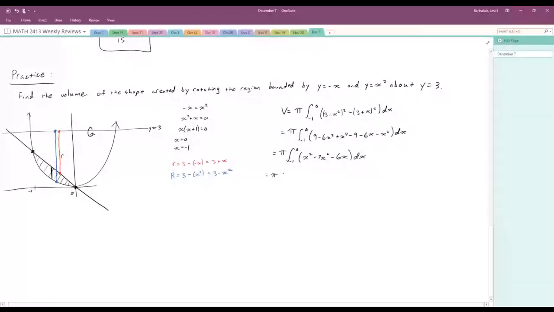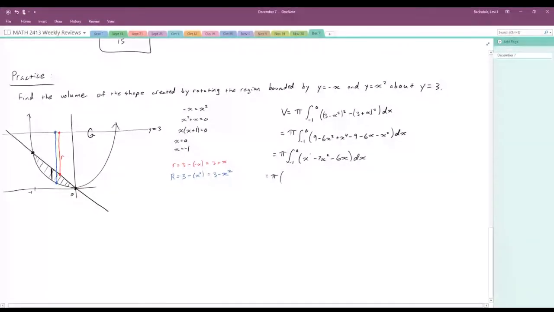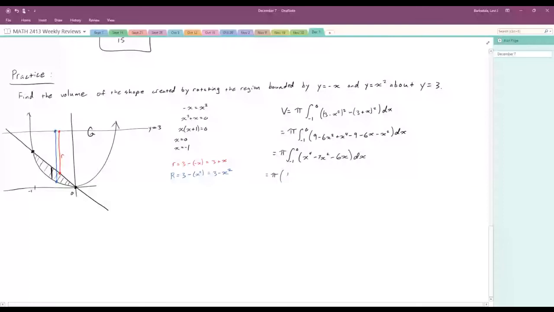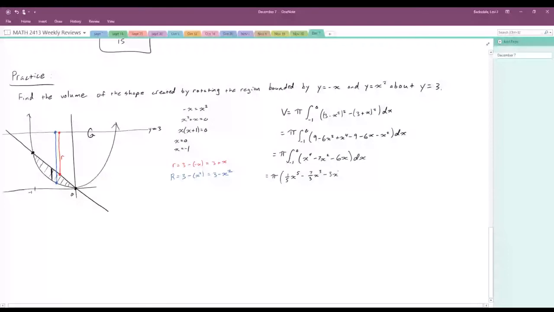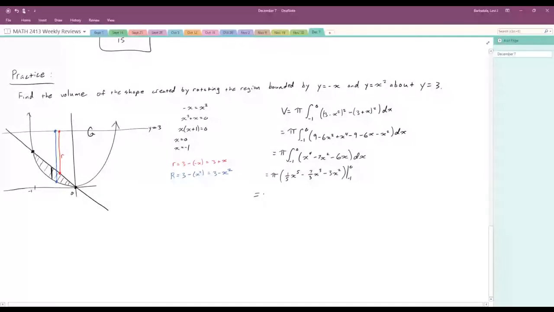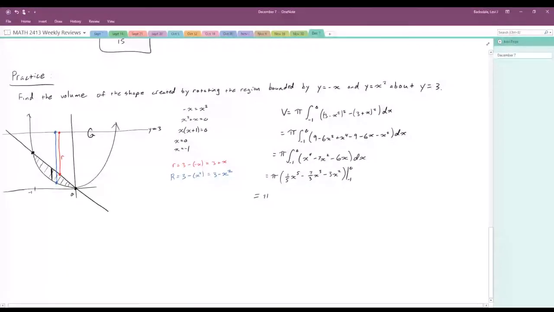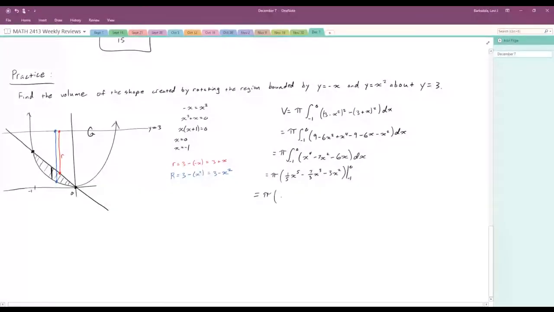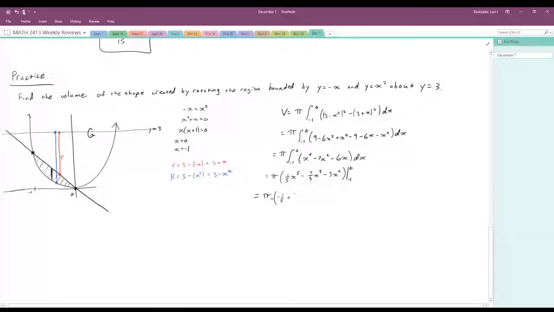Now I can go ahead and integrate. That should be an x to the 4th. I miscopied it. That'll get me 1/5 x to the 5th minus 7/3 x cubed minus 3x squared, all from -1 up until 0. All my 0 terms are going to vanish, so that leaves me with pi times negative, and here we have -1/5 plus 7/3 minus 3.